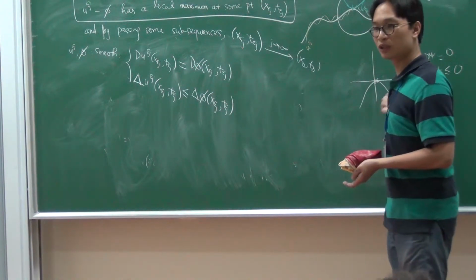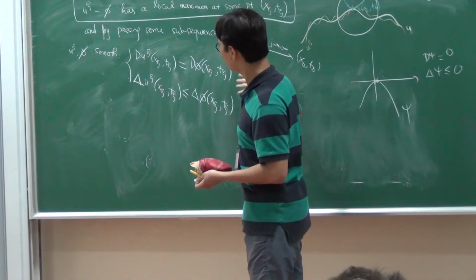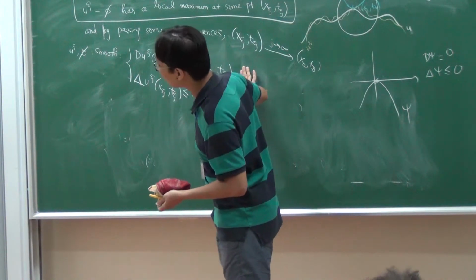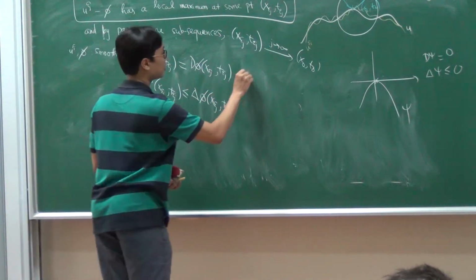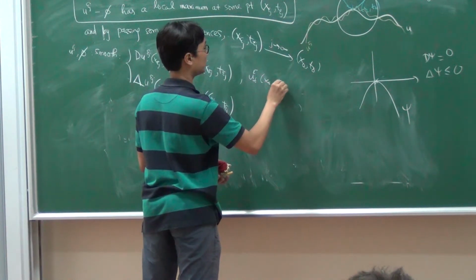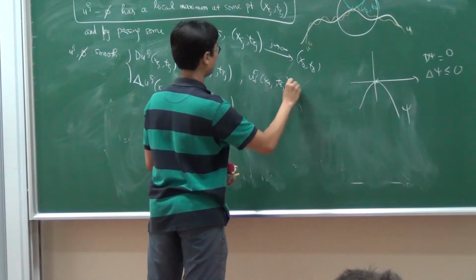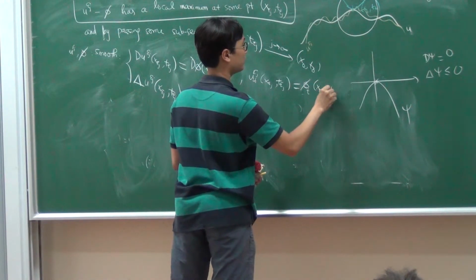I can use calculus. Very simple. Now, if I want to plug back into the PDE, what do I have? Oh, I forgot, I also have u_εj,t at (x_εj, t_εj) equal to φ_t at (x_εj, t_εj).